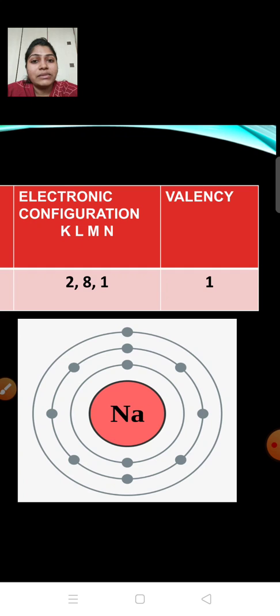It means the octet is not complete. So what will sodium do? Instead of accepting 7 electrons, sodium will lose 1 electron. So as sodium loses 1 electron, the outermost orbit will have 8 electrons and it will achieve stability. So the valency of sodium is 1.